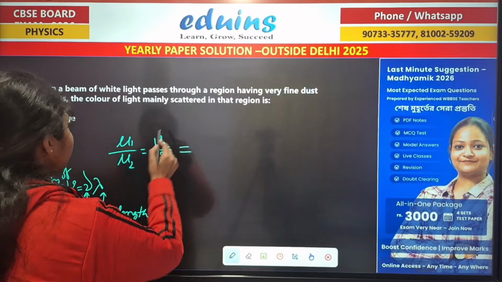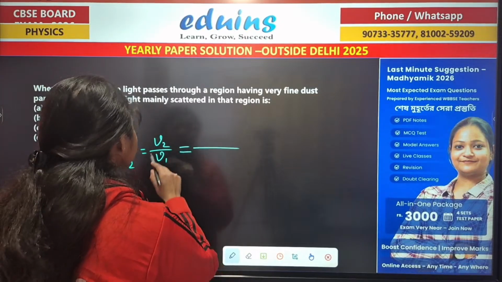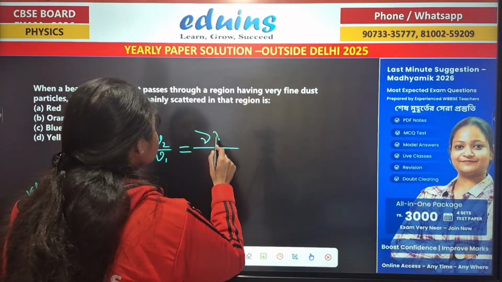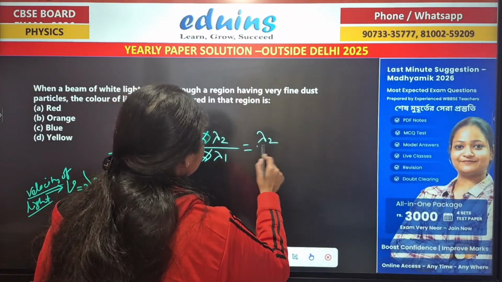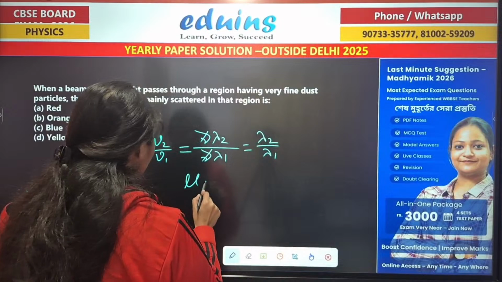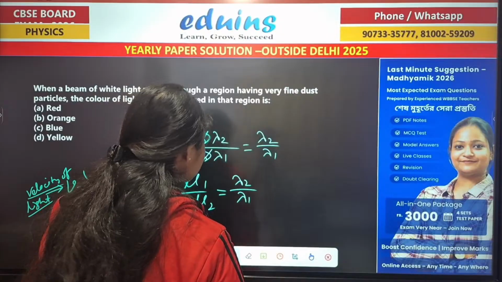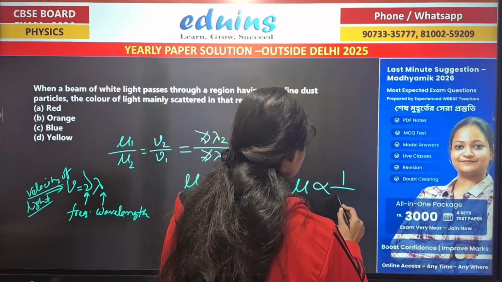When mu is constant for the same colored light, lambda becomes lambda 1, but mu remains mu because it is constant. So we can write it like mu lambda 2 by mu lambda 1. So we get lambda 2 by lambda 1. So the relation mu1 by mu2 is equal to lambda 2 by lambda 1. So this relation is inversely proportional. So mu is inversely proportional to the lambda.